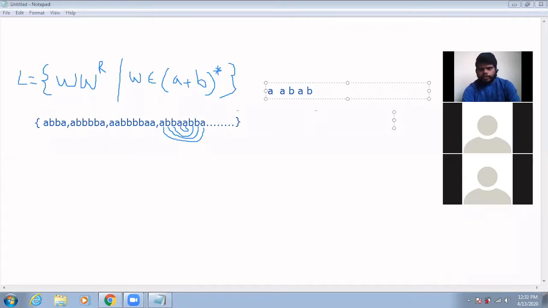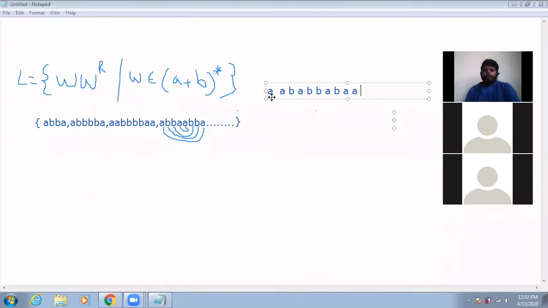This is a string, right? So B, again A, B, A, B, A, B, B, A, B. So this is a string, right?